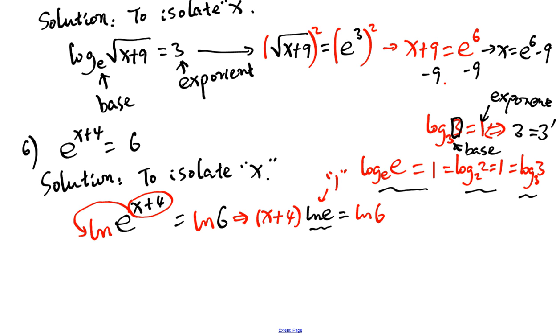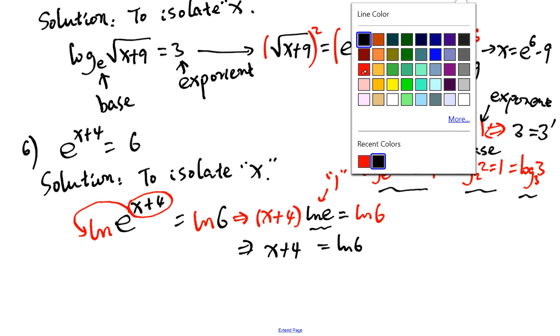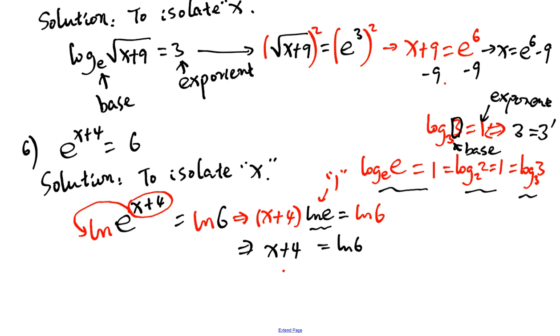Then that becomes easy. You shall have x plus 4 equals natural log 6, because 1 times x plus 4 is just x plus 4. And then you subtract 4.